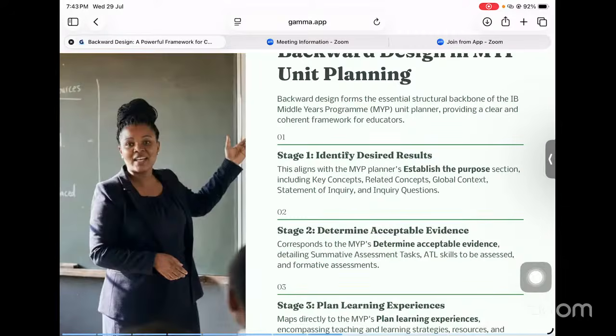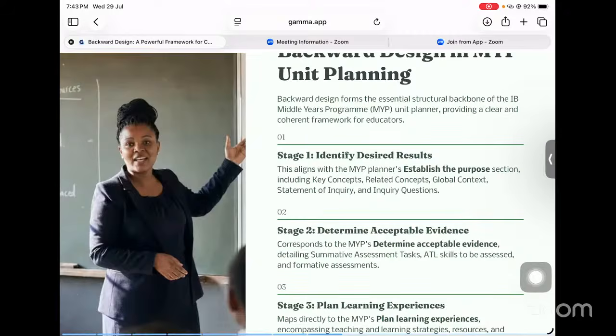Once I know those things, I will create my statement of inquiry and ensure that it has a relationship with my summative assessment. Somewhere the summative assessment should have a relationship with the SOI, the statement of inquiry.